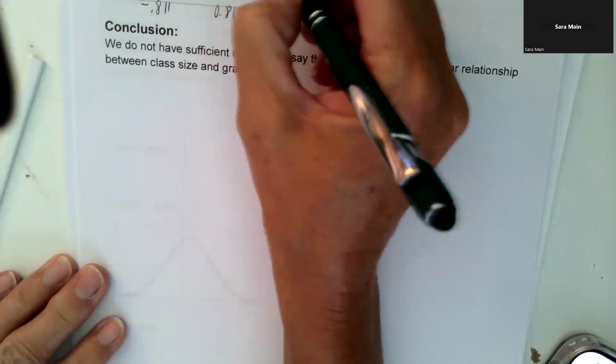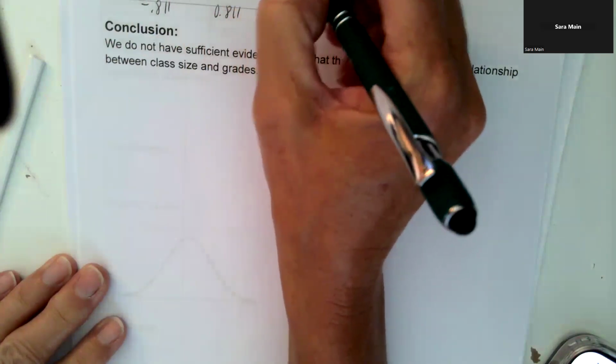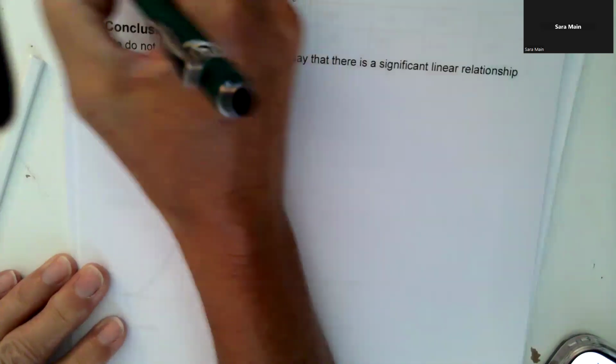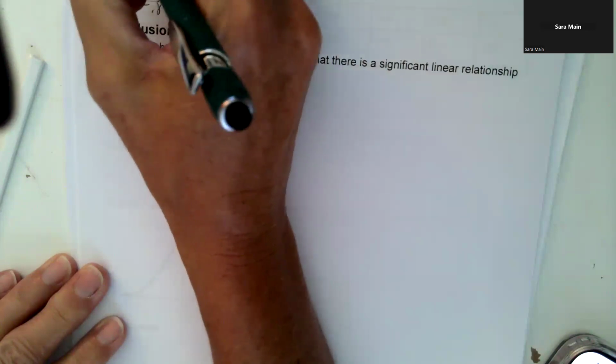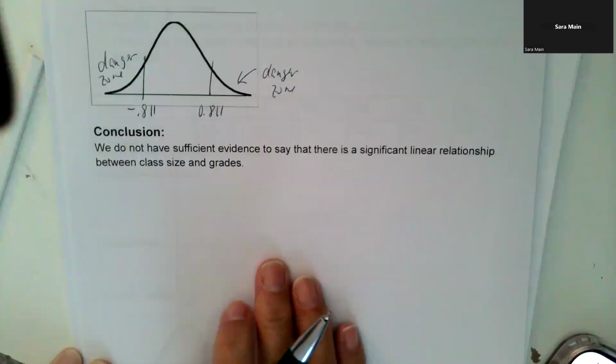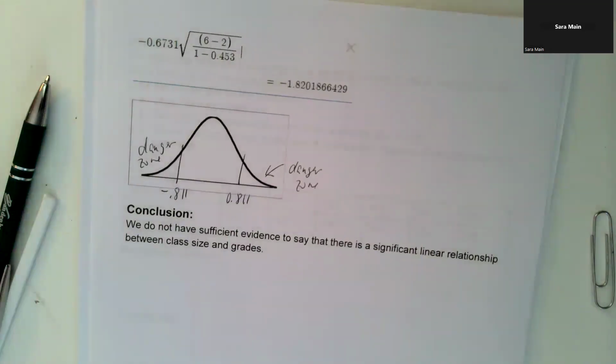So this is the danger zone. Okay, and then our test statistic is this. So this is our test statistic.